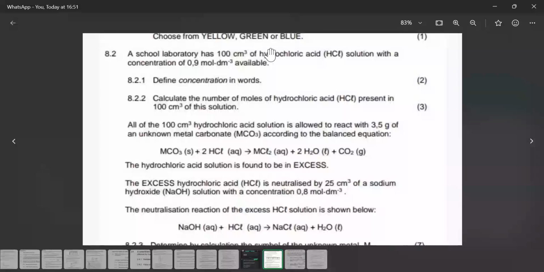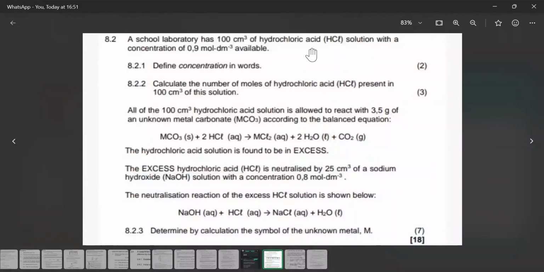Now, from this 100 cubic centimeters and 0.9 mole per cubic decimeter of hydrochloric acid, we are going to get the available number of moles, now that we know hydrochloric acid is the excess reagent. So we get those that we had at the start, the available moles.